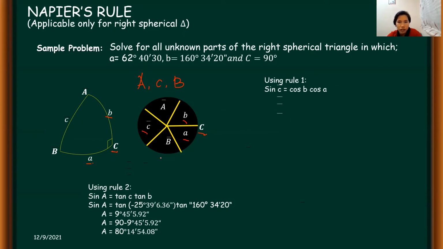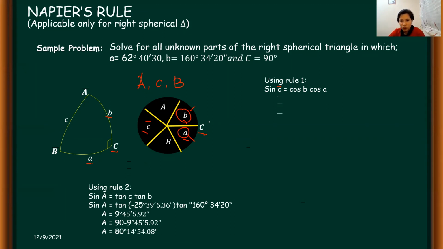So for rule number 1, yung opposite ni C ay si A and B. So no problem since given na yung value ng B and given na yung value ng A. Then we can directly solve the value of C. So take note na may bar sa taas, since this is opposite to the 90 degrees.